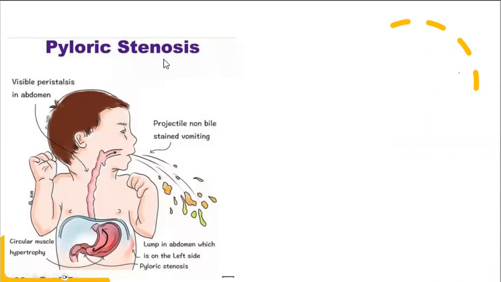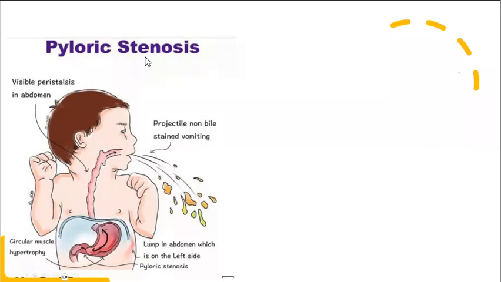Something is getting narrowed. And osis indicates a condition, whether a normal condition or a diseased condition, or sometimes an increase. So when I see pyloric stenosis, that tells me there is a condition of narrowing in the pylorus. So that's one way you can break down your disease conditions to understand what your topic is about.